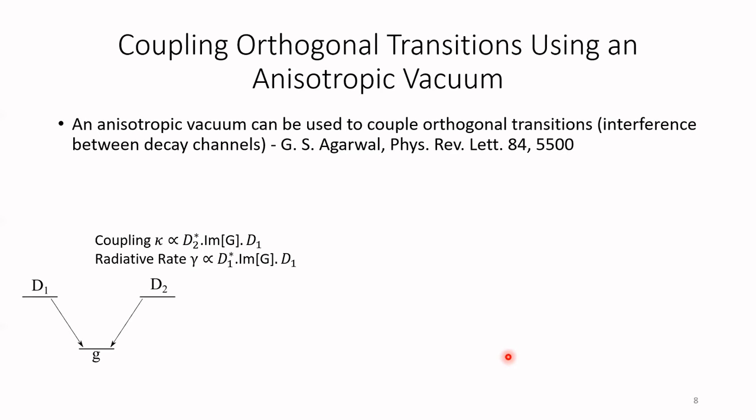Okay. So let's say we've excited one of the valley excitons, call that D1. Now because of this excitation, the electric vacuum field will mimic the polarization of D1. And that's given by the imaginary Green tensor, which is a matrix, times a row vector, which is the dipole orientation of D1.